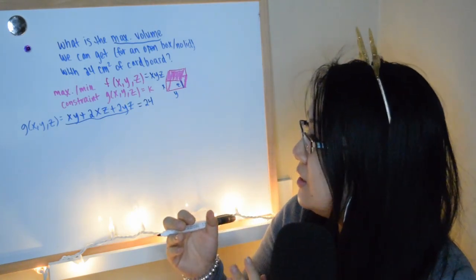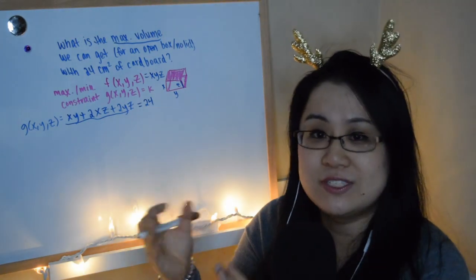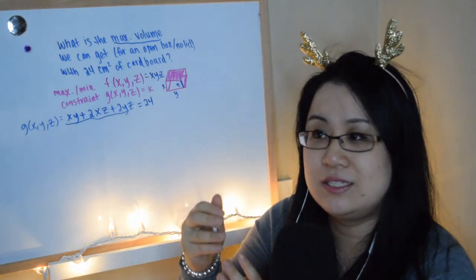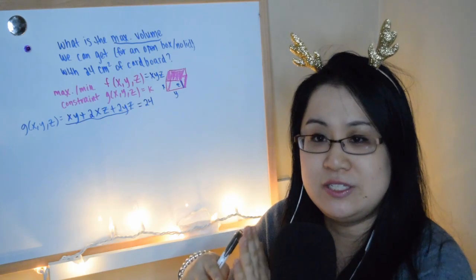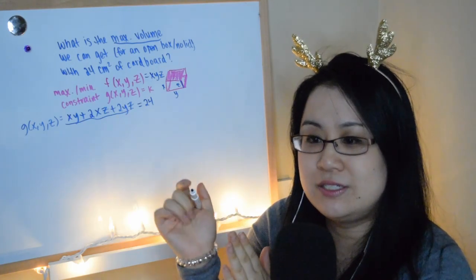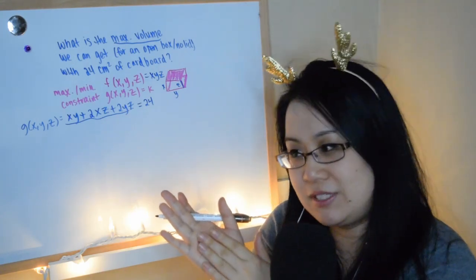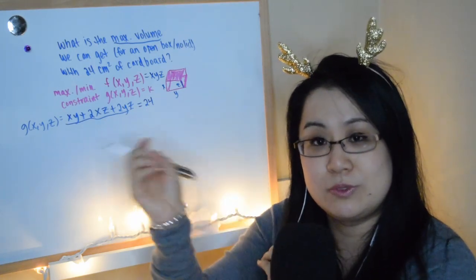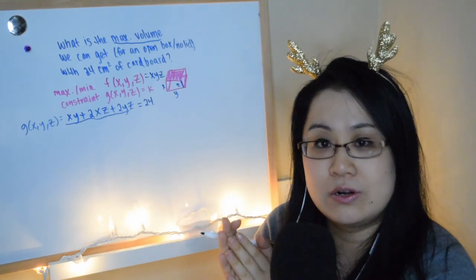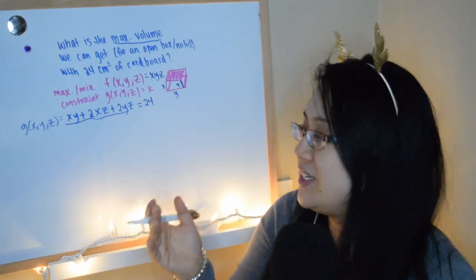Another way of saying that is that the tangents are going to be parallel, but then you can also say that means that the gradients, which are perpendicular to those, are also parallel. That's another way of saying it, right?